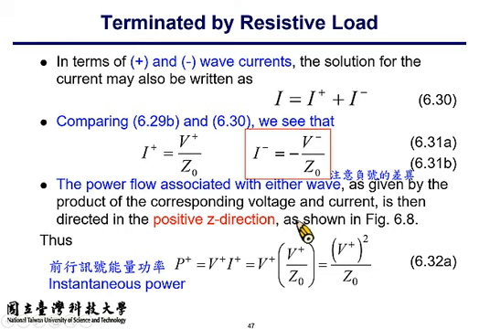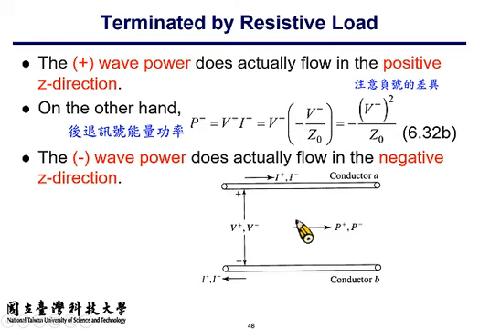And similarly, we can write the expression for the power going in the negative z direction, that is the P minus part. By definition, it's the product of V minus and I minus. If you substitute I minus with V minus over Z sub 0, you end up with V minus squared over Z sub 0.